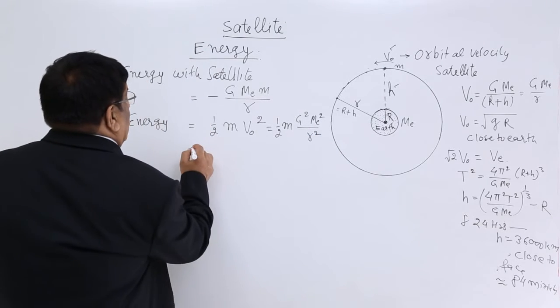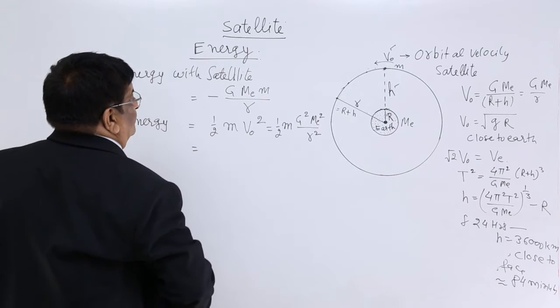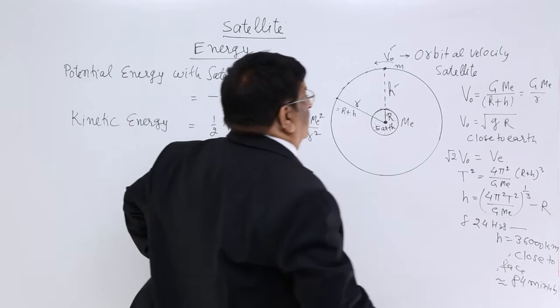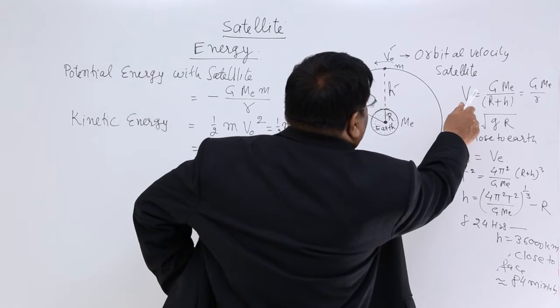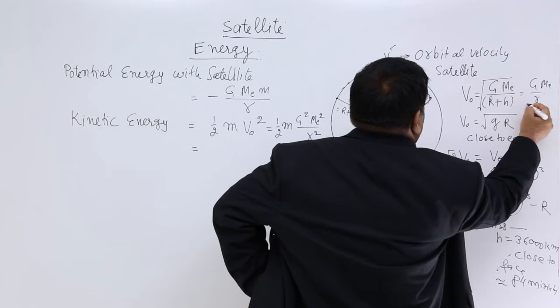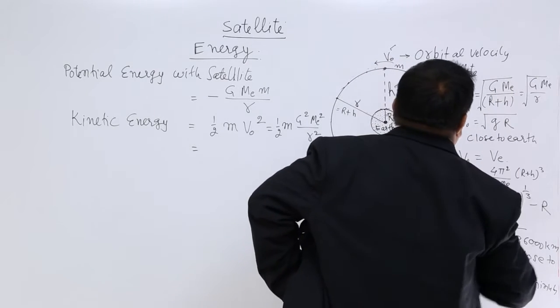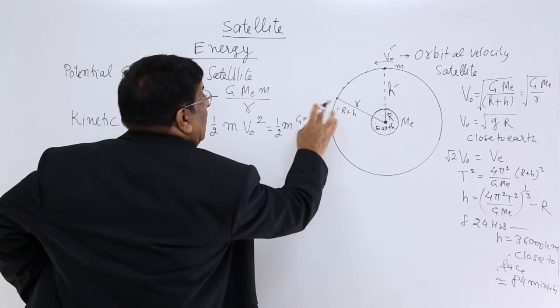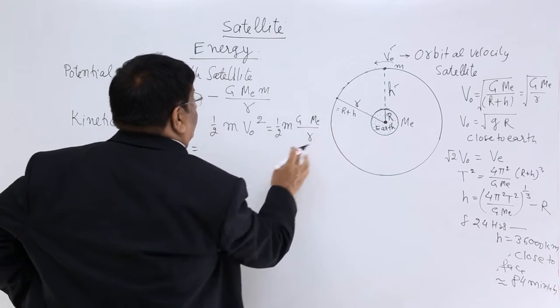No, there has to be a certain correction. It was not like this. There was a root involved. Yes, root. So if we make the square of it, then it is G Me upon r.